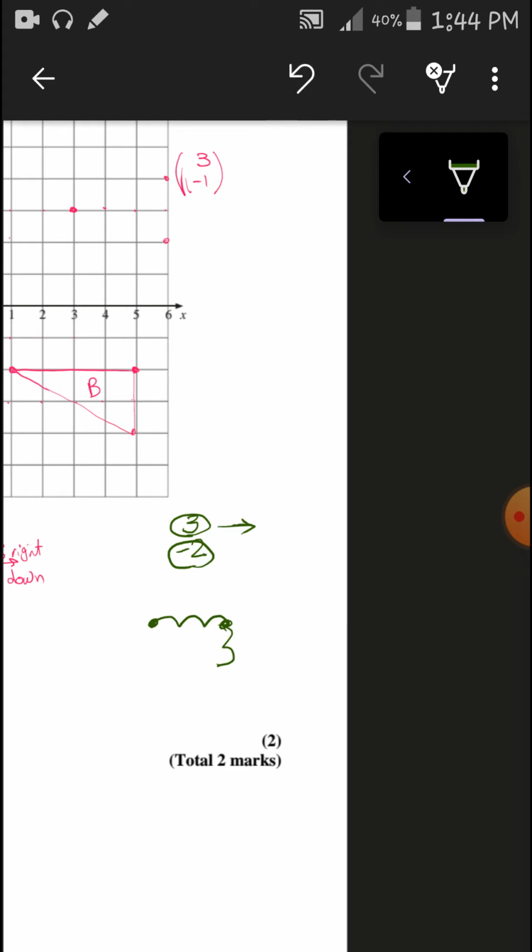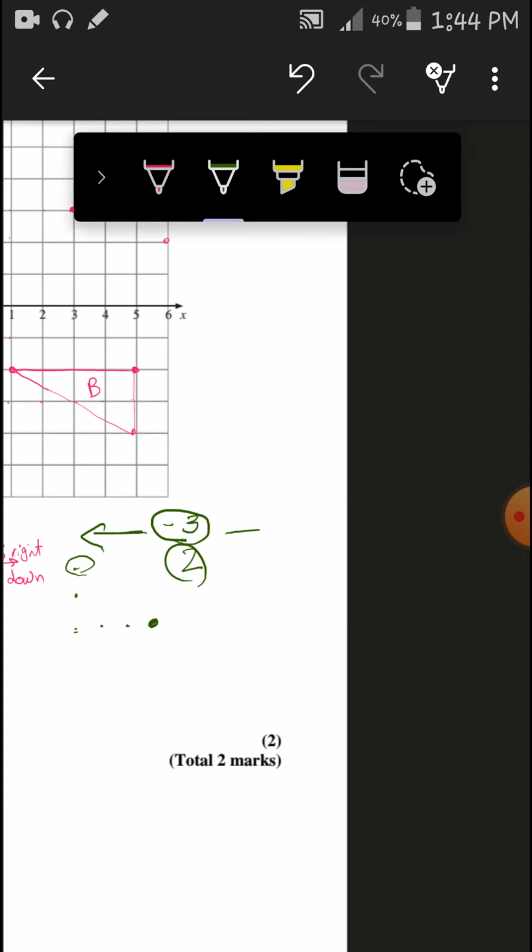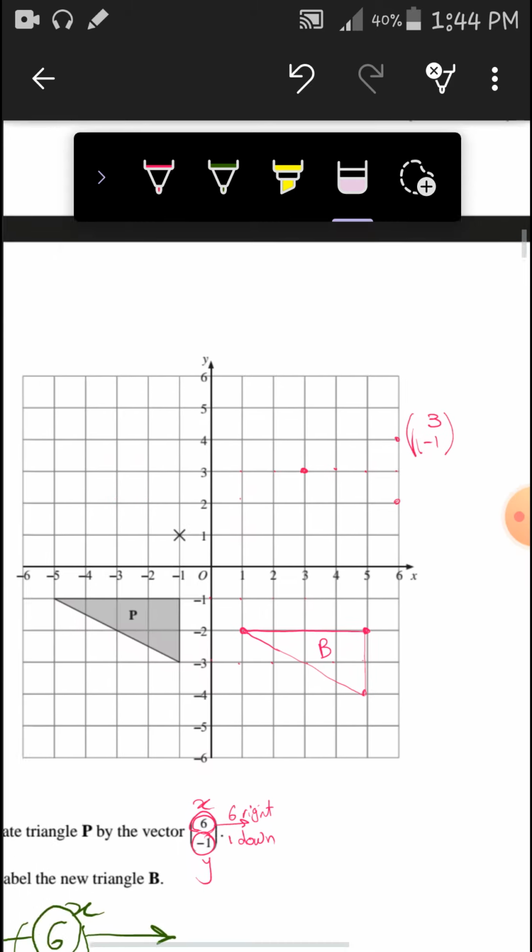But if it was negative 3 and 2, negative 3, the first one is for the x-axis, so we move left 1, 2, 3 because it's negative, and move up 2 because it's positive, we move up in the y-axis. If you are confused, I will give you another example on the graph.